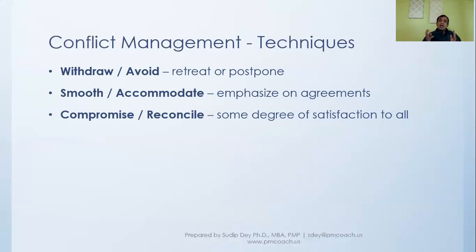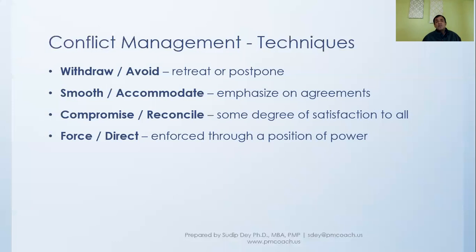Ultimately, both sides give something up and come to a compromise so that they can move on. There is some degree of satisfaction to all, and this is often termed lose-lose, because both sides lose in the process.